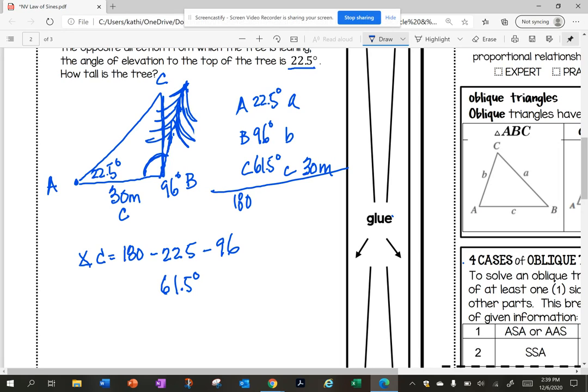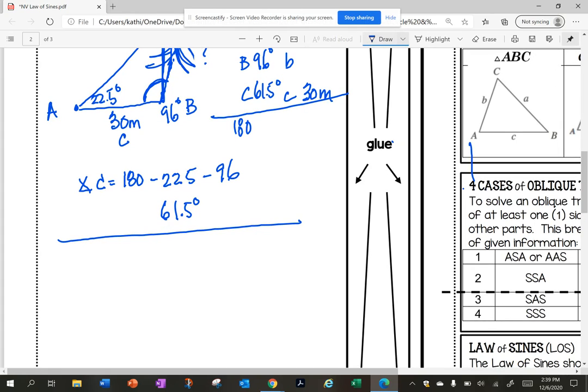So we are trying to find how tall the tree is. So that is side A. So now I'm going to apply the law of sines. So the sine of angle C, 61.5 degrees, because I'm using my angle side pair, divided by side C, which is 30.